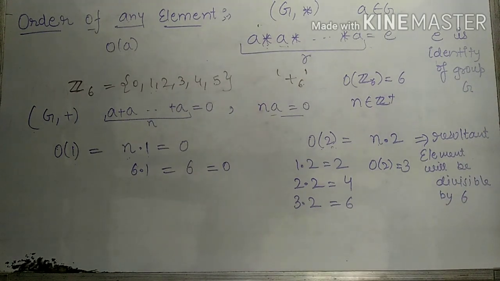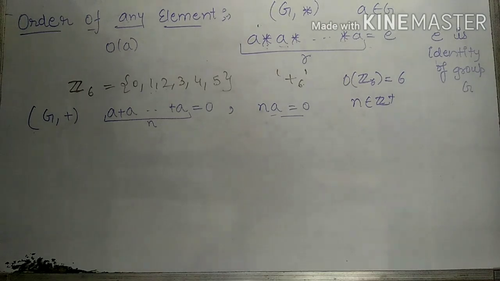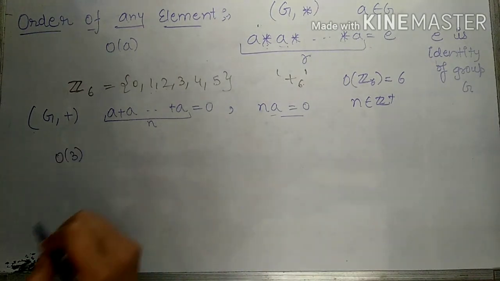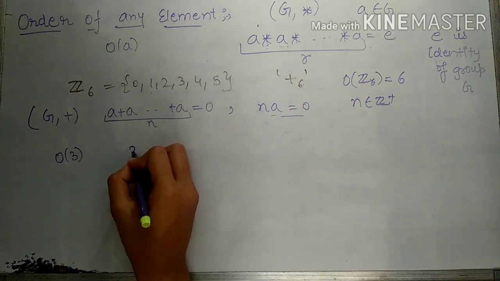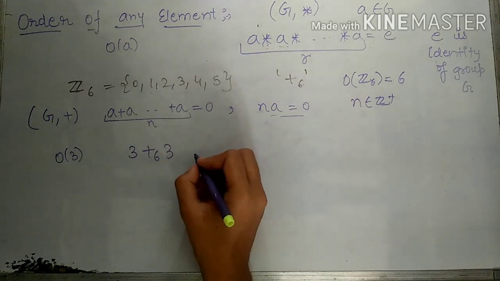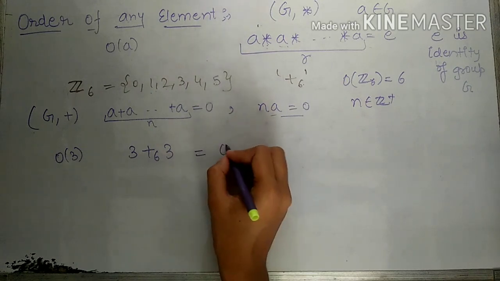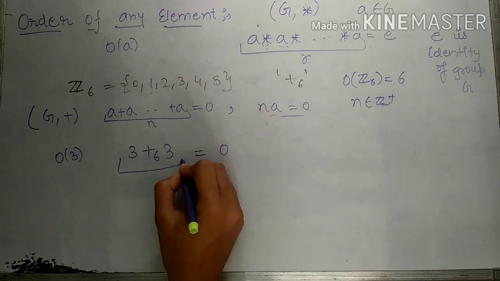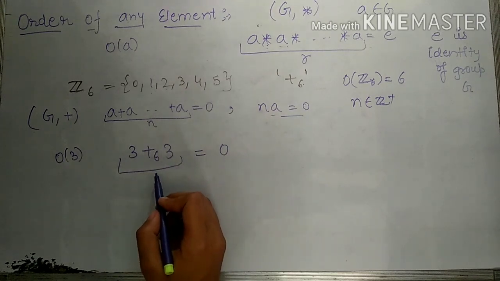Now let's find the order of 3. We will find the order of 3 by both of these methods. The order of 3 is the least number of times 3 is to be added with itself so that the resultant element is equal to 0. We know how we operate this: it will be equal to the remainder when 6 divides 3 plus 3.